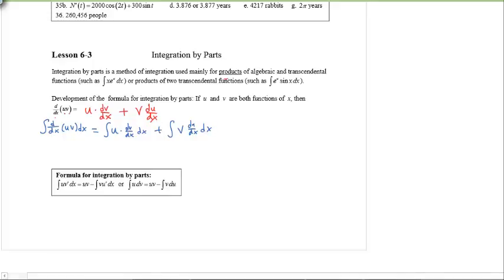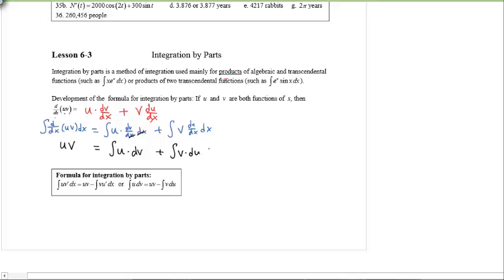On the left side, the derivative and integral are inverse functions, so they cancel out and you get just uv. On the right side, I get the integral of u times dv, and then plus the integral of v times du.